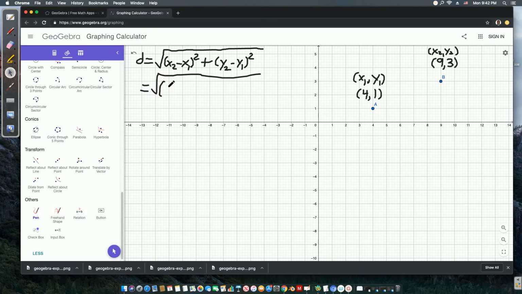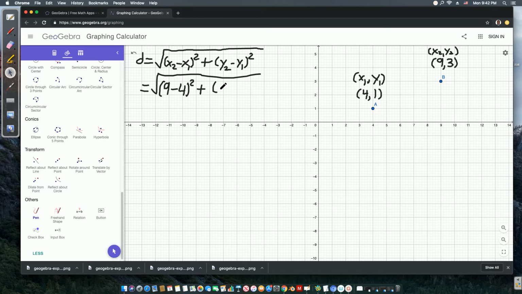We say we want to take the value x2, so let's go get that value. It's in the second point, and that shows the value is 9. So 9 goes here, and then we subtract, and the next value that goes in there is x1. So we go over here to point 1. Our x1 is 4, so 4 goes here. Then we square it, and it says to add, and then we take the differences of the y.